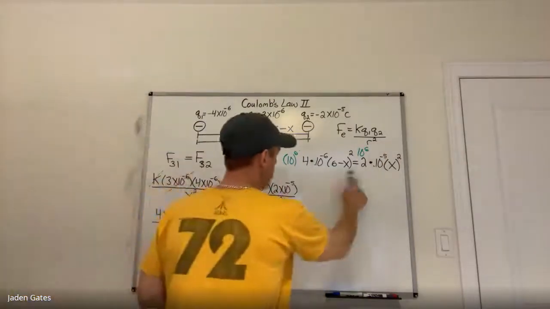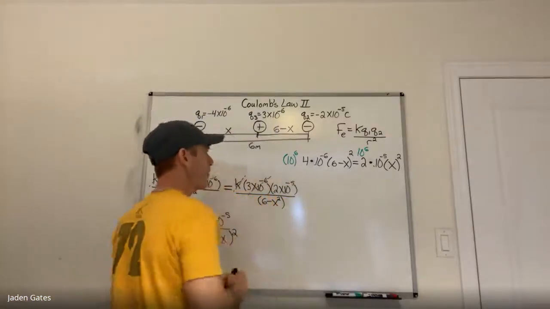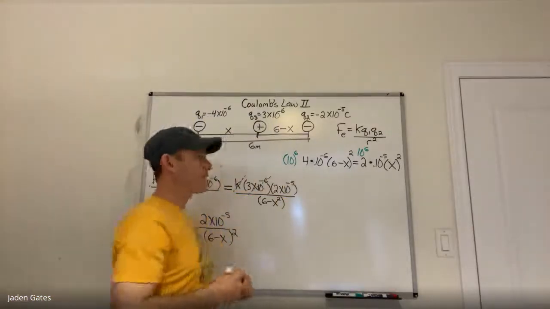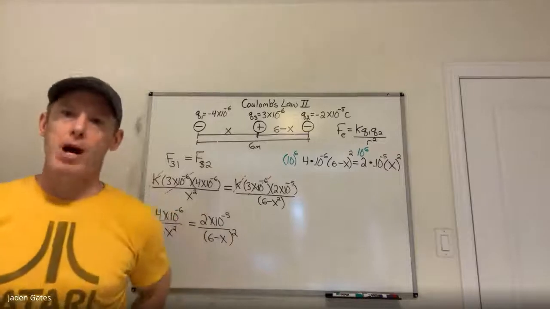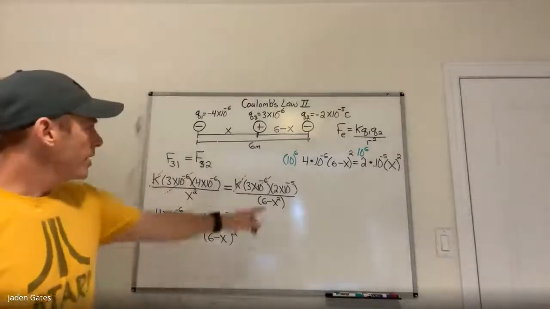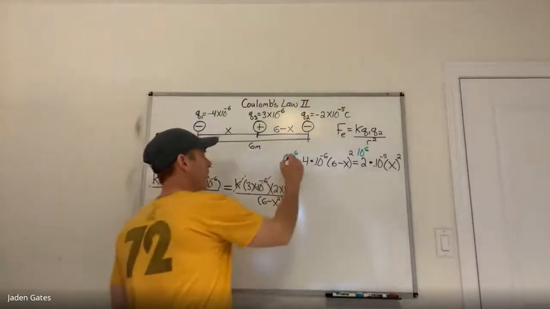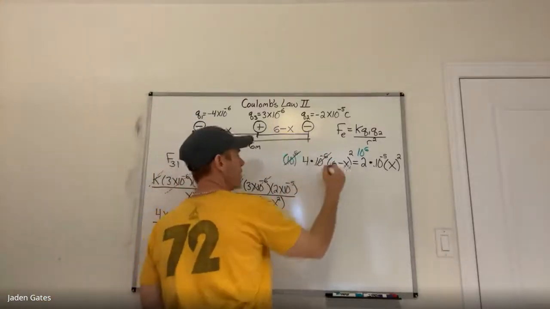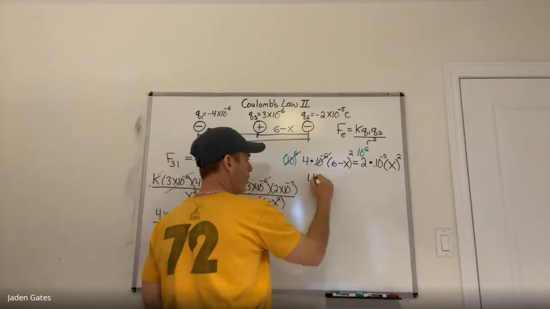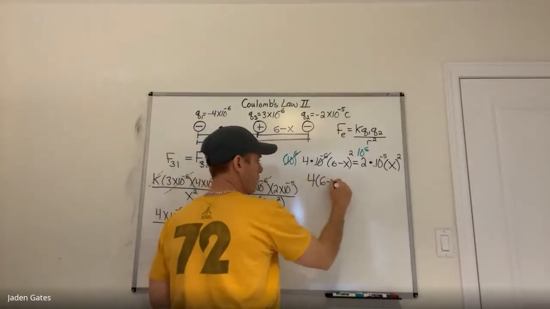Now, here's what that does. This is all one term here. And if I'm multiplying it by 10 to the power of 6, this is again where I'm using my power rules to my advantage. Because 10 to the power of 6 times 10 to the power of negative 6, they cancel each other out. And so now what I've got is just a 4 times 6 minus x squared.